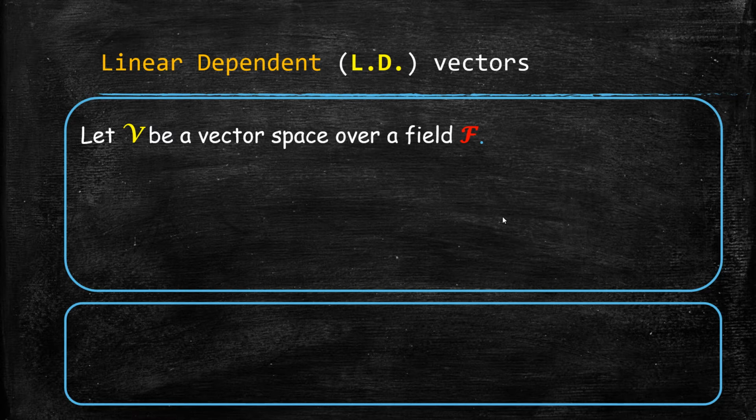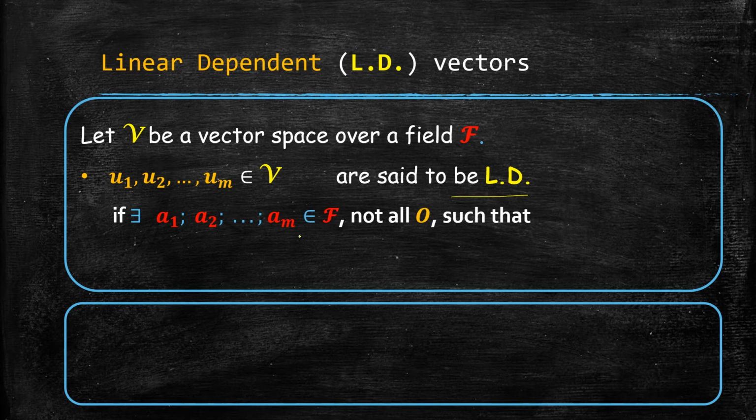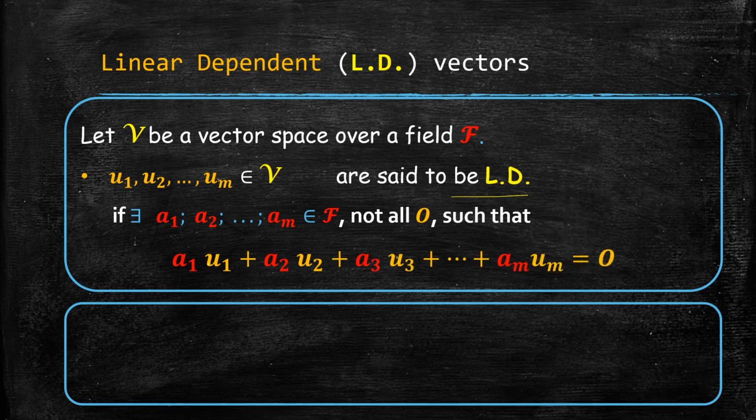So here V be a vector space over a field F and u1, u2, ..., um are m vectors belonging to vector space V. We could say that these vectors are linearly dependent if and only if there exist some scalars a1, a2, so on, am in field F, not all 0, such that a1 u1 plus a2 u2 plus a3 u3 and so on up to am um equals 0.